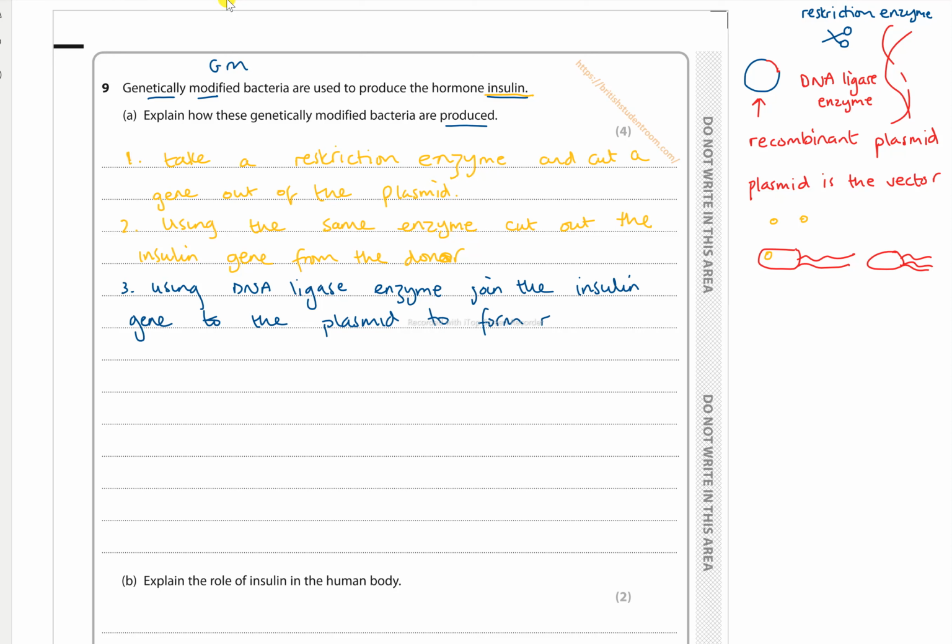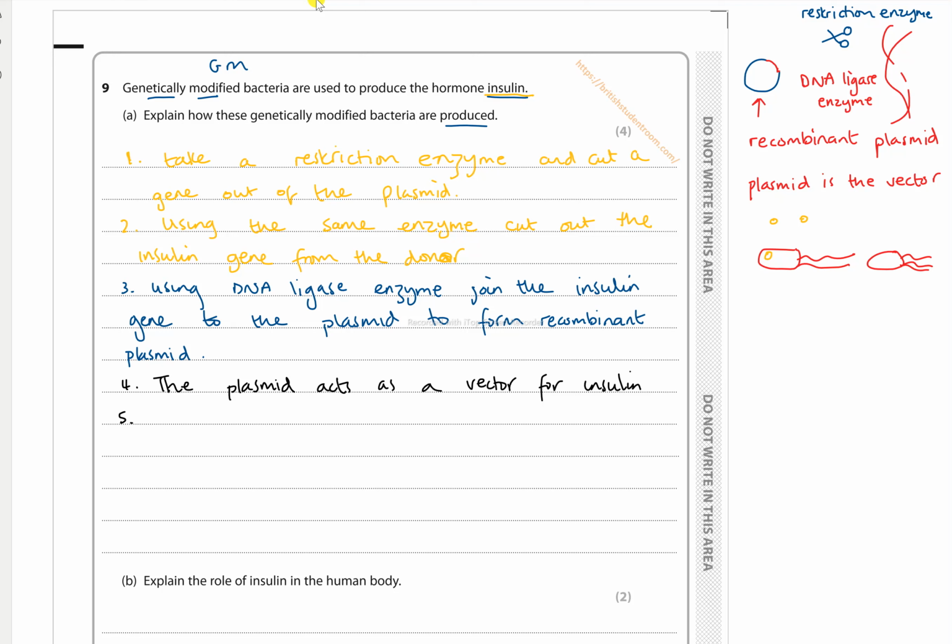A recombinant plasmid. It's been recombined. The plasmid acts as a vector, a carrier for the insulin gene.